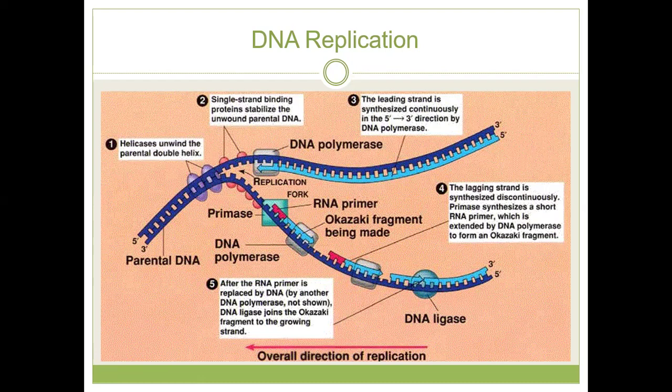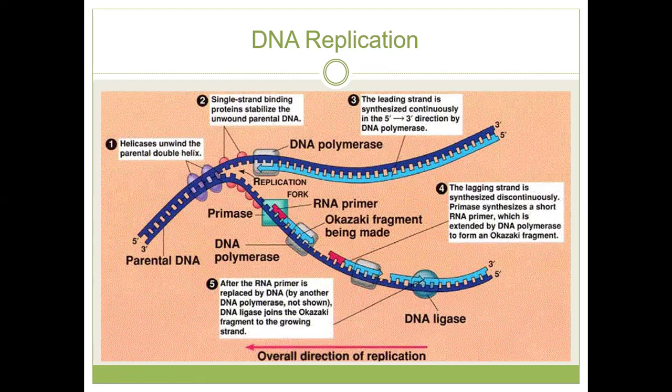So this is basically what you are supposed to know about replication, a process through which a copy of the DNA is produced. Replication starts by unwinding of the DNA double helix by the DNA helicase, separating the double strand to form single strands. The single strands are stabilized by single strand binding proteins. Then DNA polymerase binds to both the leading and the lagging strand.